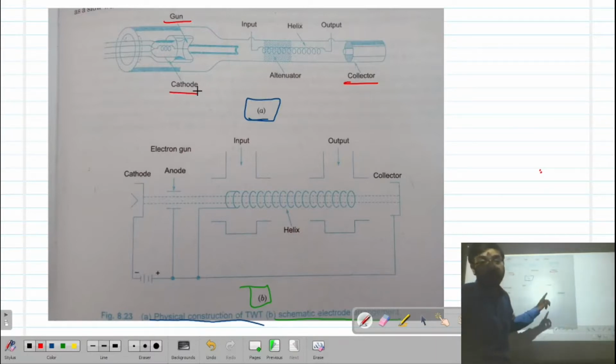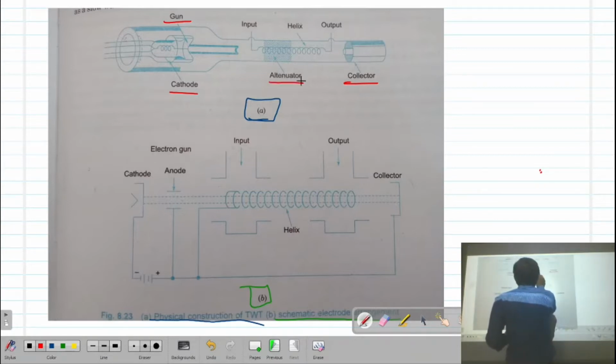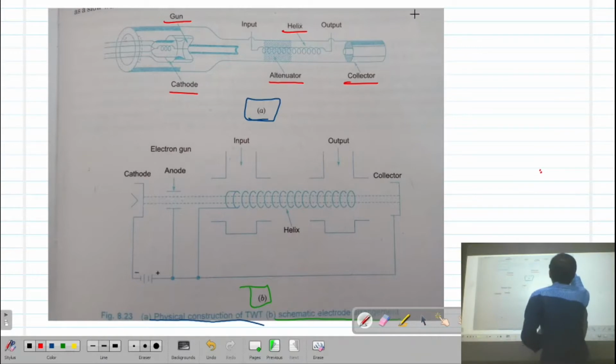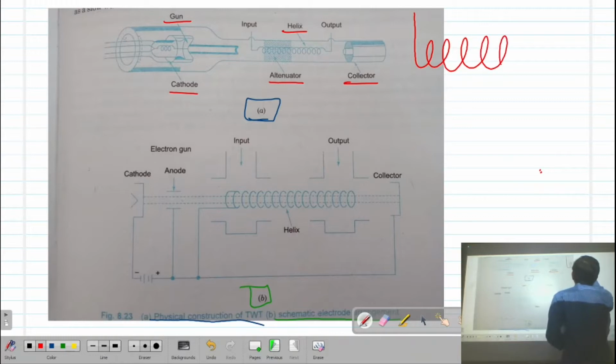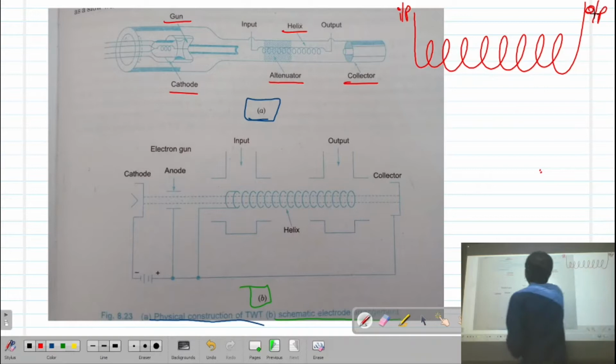Now, instead of a cavity, we will have a helical coil, more precisely known as a helix, which is being bounded like this. Here is the input, and here is the output. These two points are input and output.